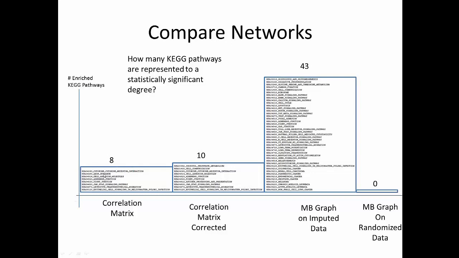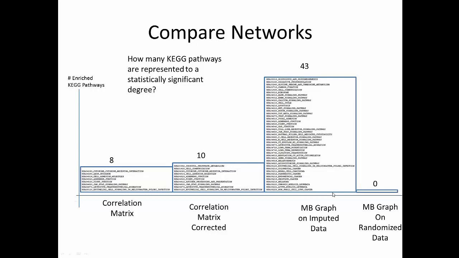So I've sort of written them like a bar graph, because the idea is that the height of this list should be representative of the quality of the network. So on the left here, I have the original data. We get 8 KEGG pathways represented. This tall curve here is from the second data set, the reduced dimensionality data set, and here we have 43 KEGG pathways.